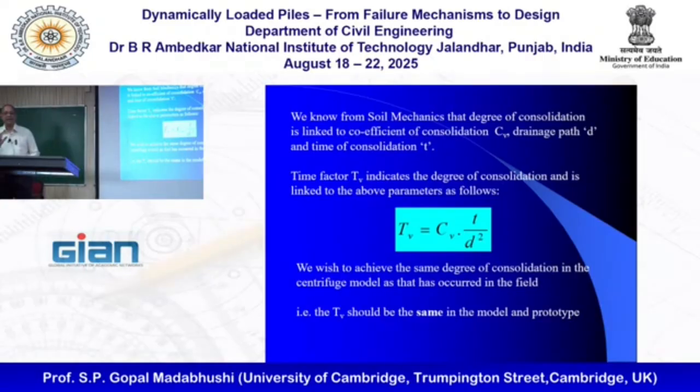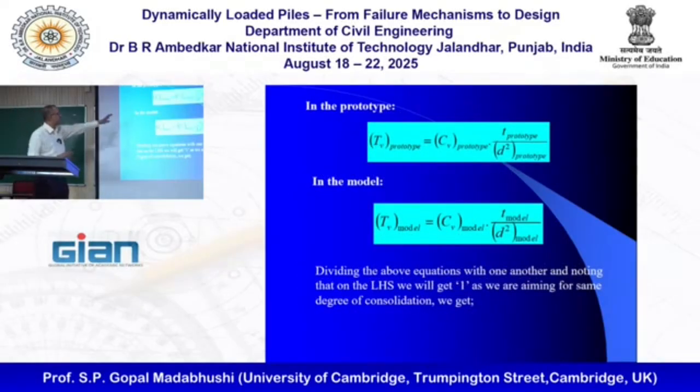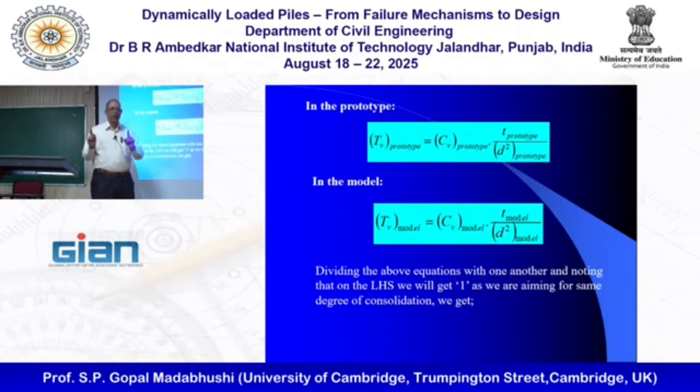Now we want to model the same thing in the centrifuge. So I wrote the same equation at the top for the prototype and here for the model. Now, what I want is that the left-hand side of both should be the same, because the model must have the same degree of consolidation as I would want in the field. So Tv, the time factor, should be the same.